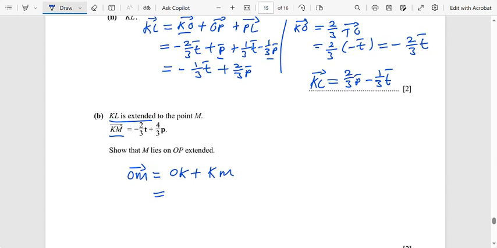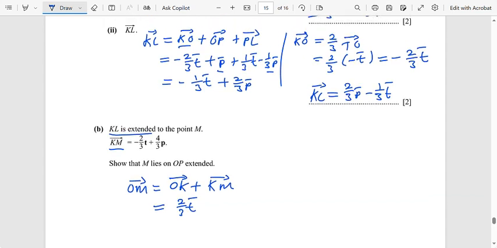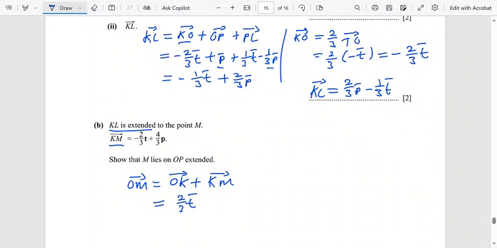So if KO is minus 2/3 t, it means that OK is 2/3 t, plus KM. KM we are given is equal to minus 2/3 t plus 4 over 3 p. That's KM.